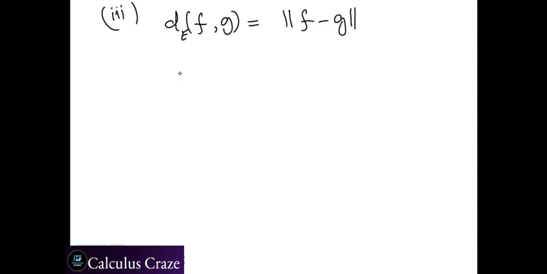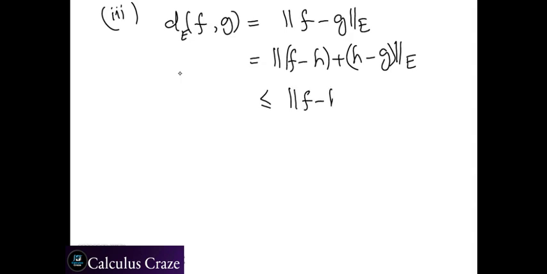On the same lines you can work out the triangular inequality. Take the distance between f and g in E. So this is going to be the norm of f minus g in E, and then you can write f minus h plus h minus g inside E. Now you take this as one element and treat this as another element and apply the triangle inequality for normed spaces.